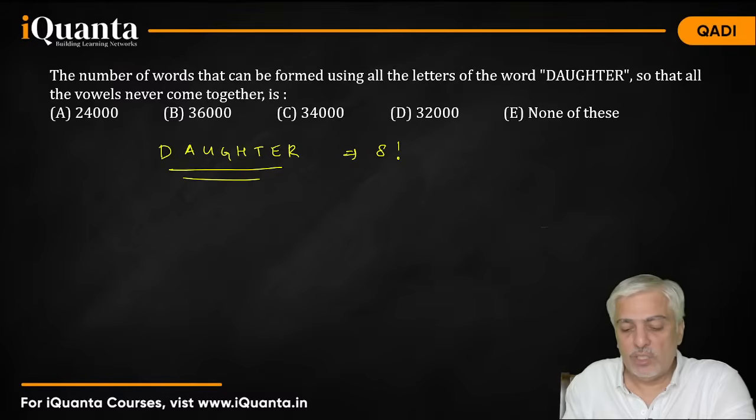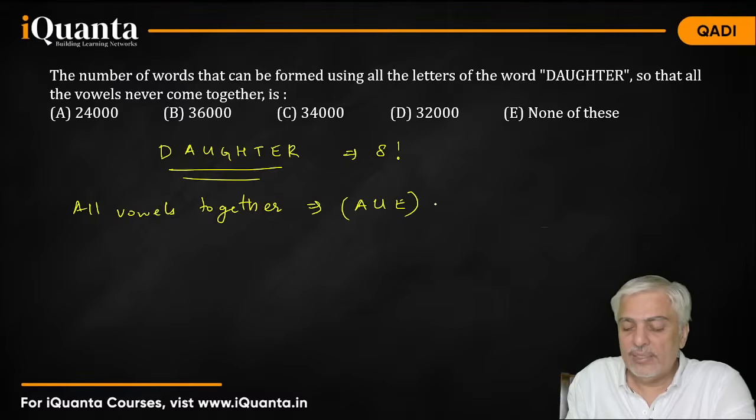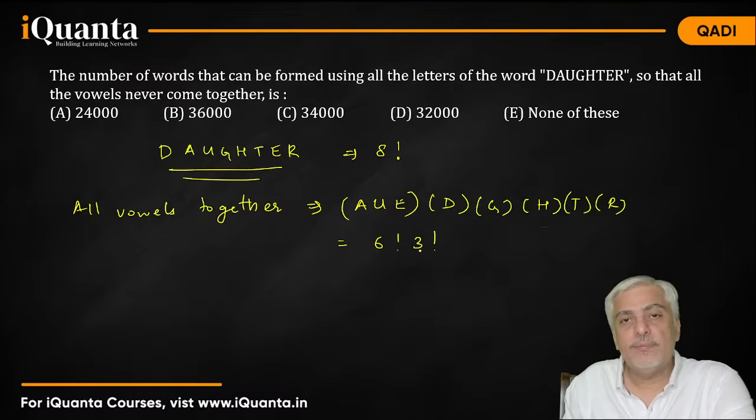So the case we will solve is first all vowels together. A, U and E together, and everything else is separate: D, G, H, T and R. So this will be 6 factorial into 3 factorial.